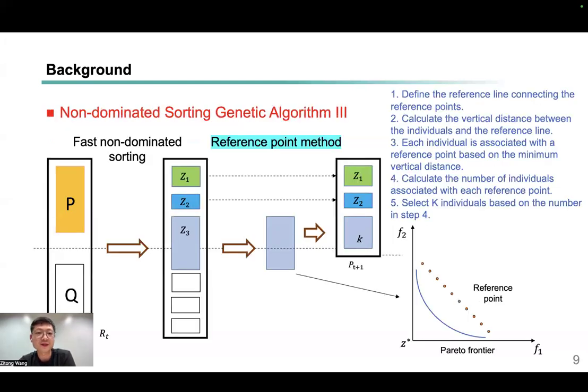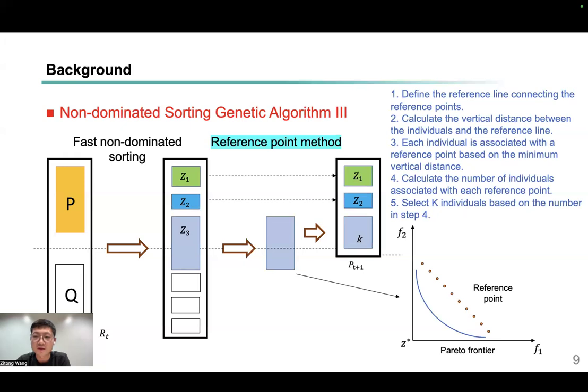Then I will introduce non-dominated sorting genetic algorithm 3. There are 2 parts in this algorithm: fast non-dominated sorting and the reference point method. About the reference point method, first define the reference lines connecting the reference points, and calculate the vertical distance between the individuals and the reference lines.